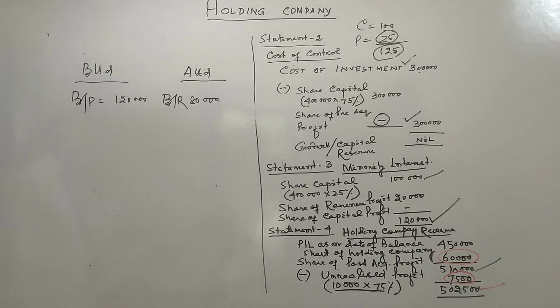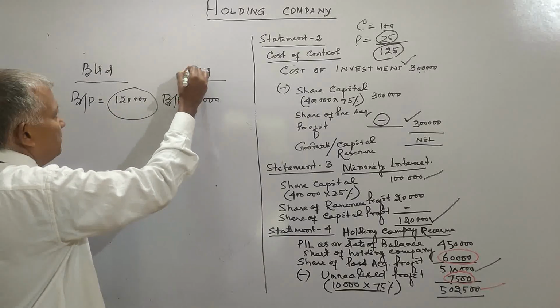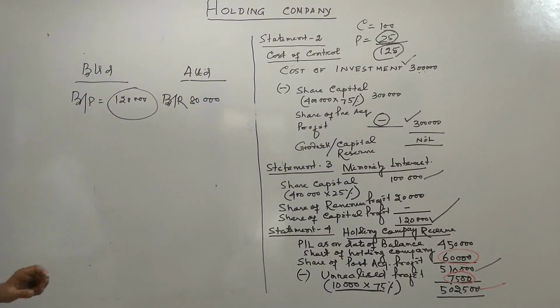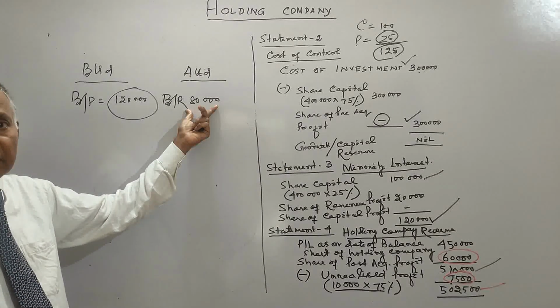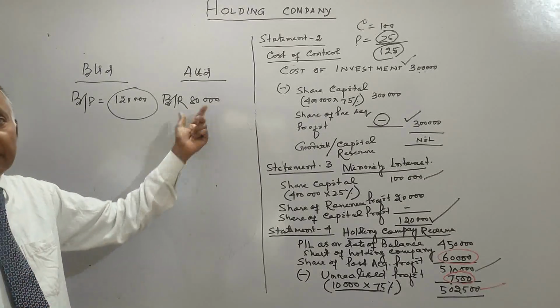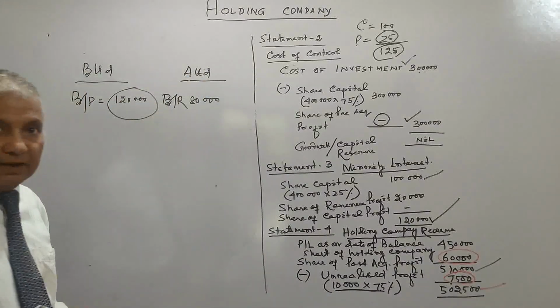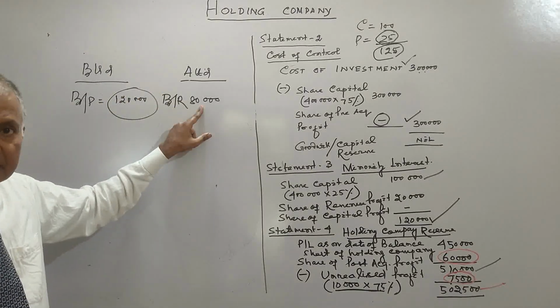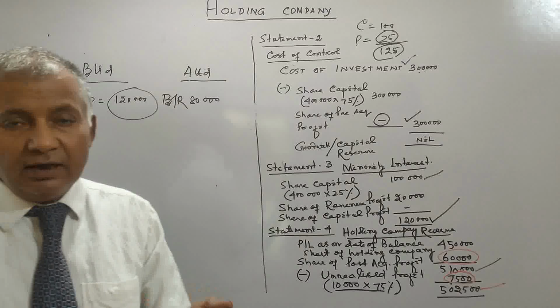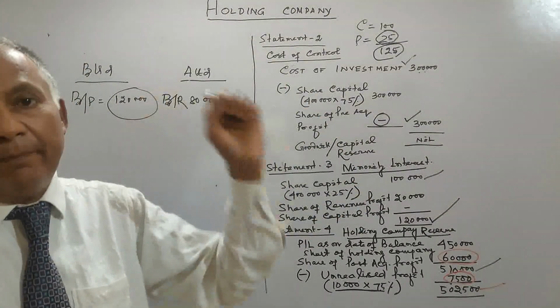But the adjustment is telling us these bills payable are all in favor of A Limited, and here only 80,000 is shown. So that means A Limited received bills of 1,20,000. Out of that, 40,000 bills have been discounted with the bank.